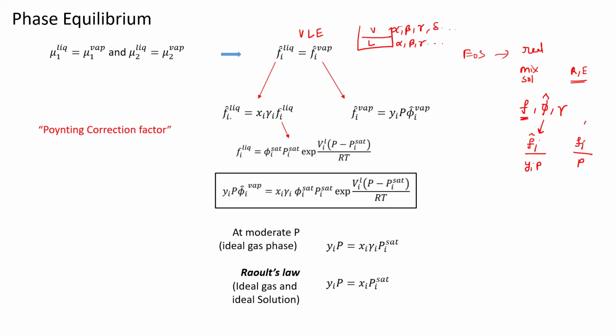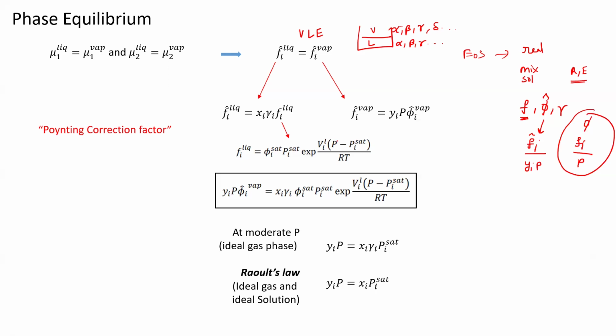And this fi liquid is represented by phi i sat times pi sat times this exponential term. This is called the Poynting correction factor, and this is mostly equal to 1, assuming the pressure is near the saturation pressure.